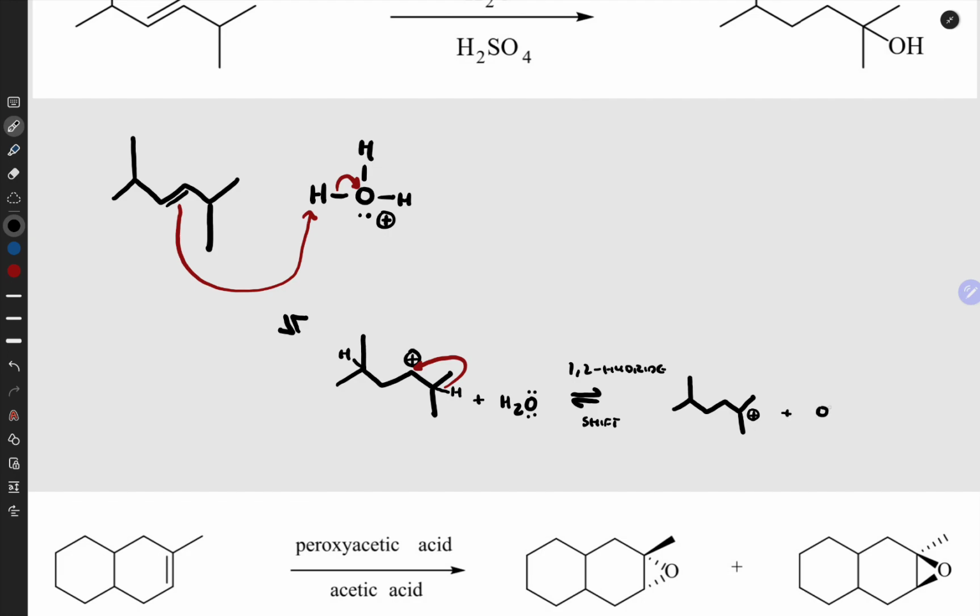Now we have water that's hanging out in the atmosphere here. Water is going to come and attach itself to that tertiary position, and form a positive charge, a formal positive charge, because oxygen is now connected to too many things.